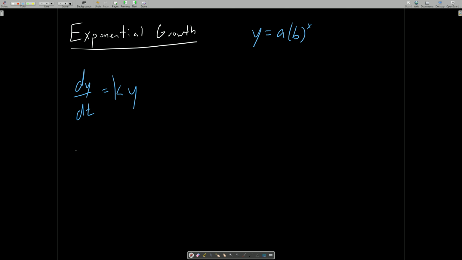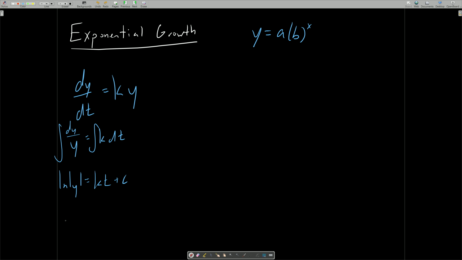If I were to solve this out, right now, I'll solve this out right now. So we have dy over y equals k dt. Remember, k is just any constant. This could be 1, 2, 3, and so on. Now, integrate both sides. Get ln absolute value of y is kt plus c.